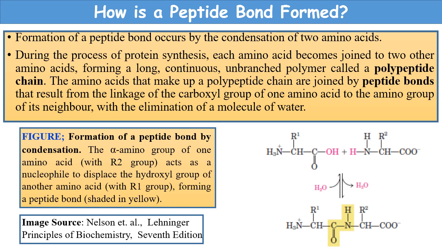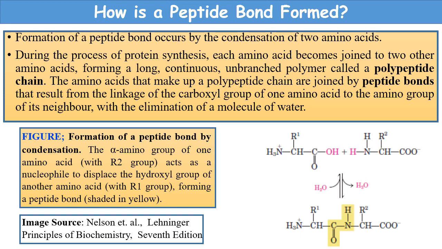The amino acids that make up a polypeptide chain are joined by peptide bonds that result from the linkage of the carboxyl group of one amino acid to the amino group of its neighbor with the elimination of a molecule of water.